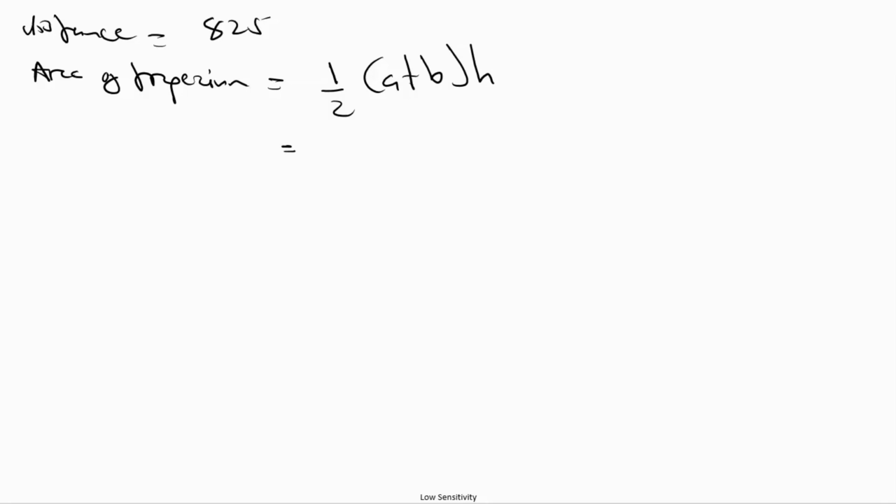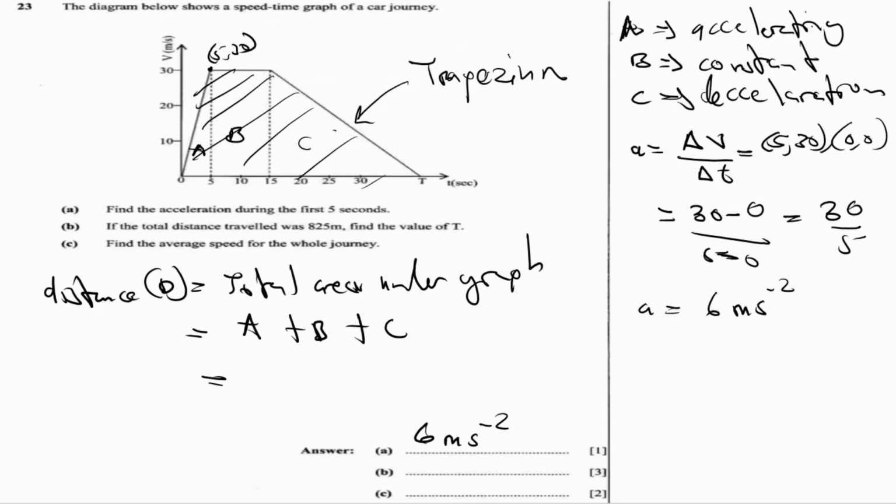So in this case, let's go back to the graph. We know that this whole thing is B, and this is A, and our height is going to be 30.